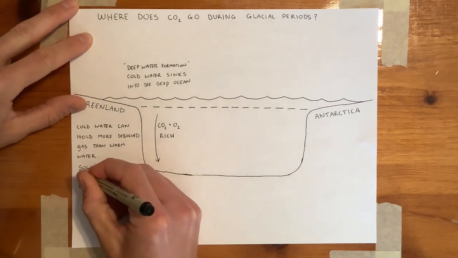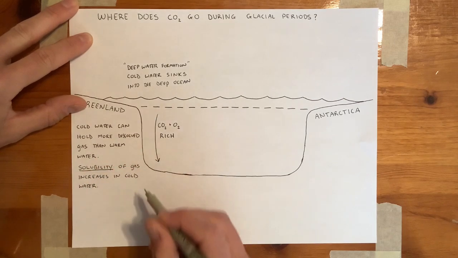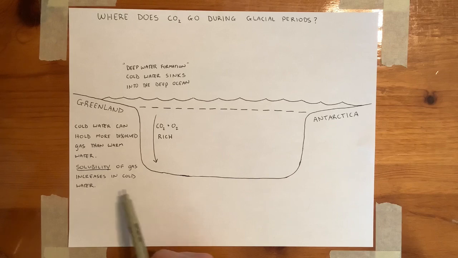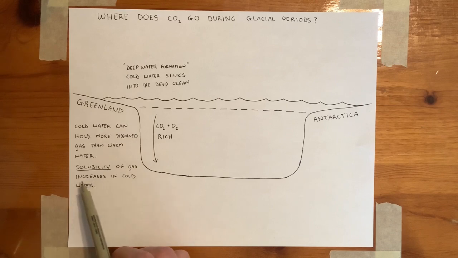And solubility is the measure of how able a substance is to be dissolved into a solvent or into some other substance. So solubility is how easily a gas can be dissolved in another substance.